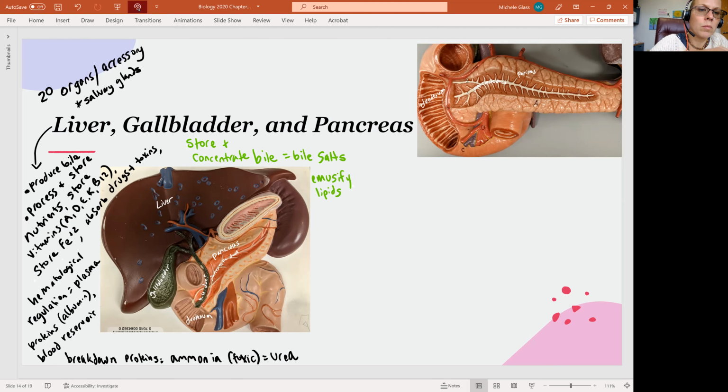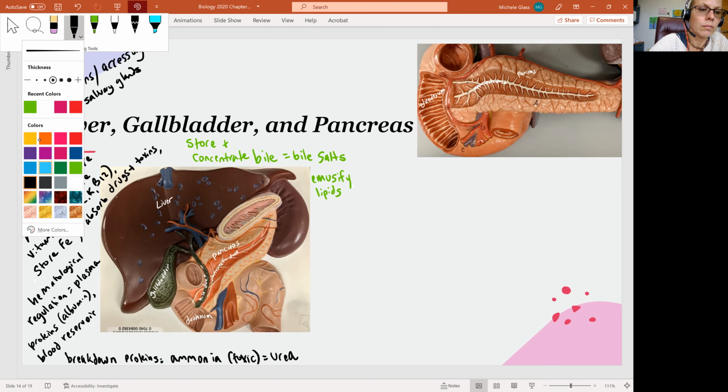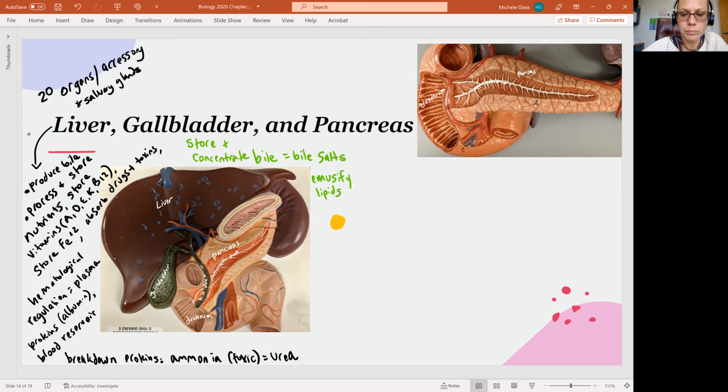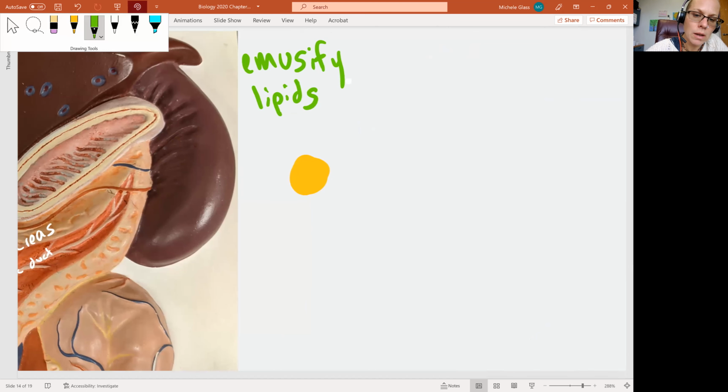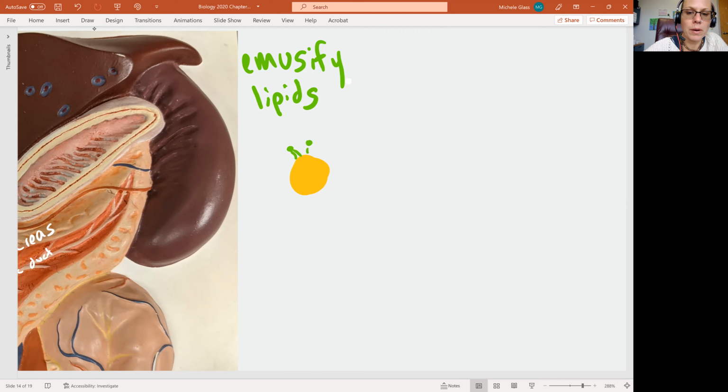A lipid, remember, is going to be nonpolar. And we're going to have a hard time breaking it down. So what we'll see is that a bile salt emulsifies it by having a hydrophilic part and a hydrophobic part. And they're going to look a little bit like a phospholipid.